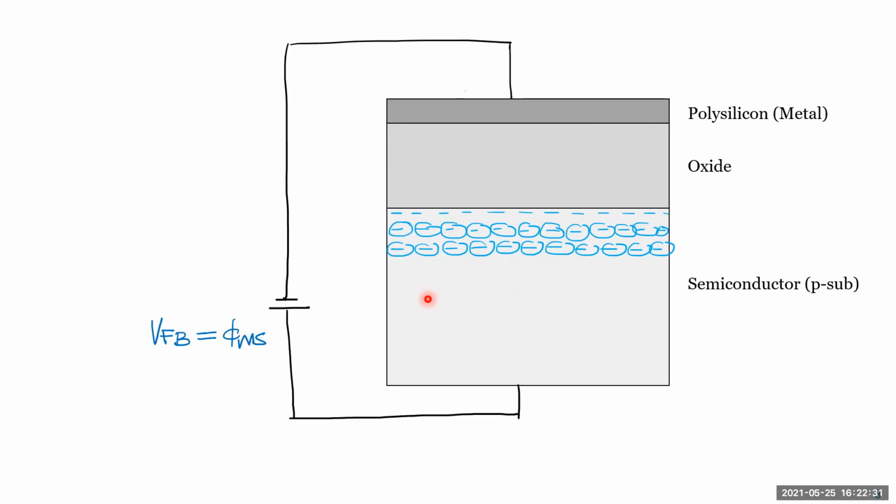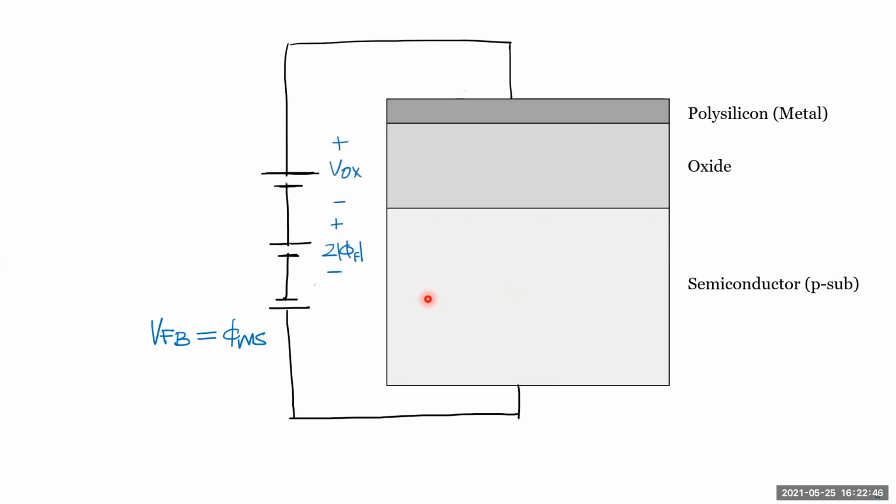So now you apply a voltage equal to this phi ms to remove that charge. This is what's called a flat band, so that you don't have any charge accumulations anywhere. Not necessarily, but that's usually what it is.